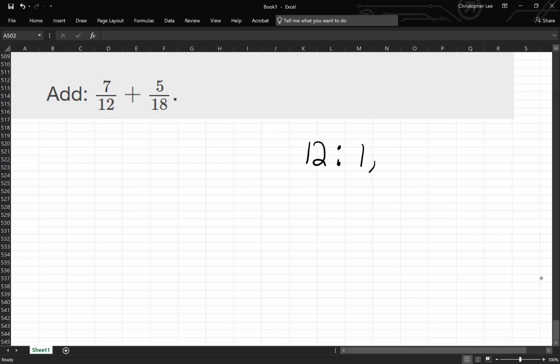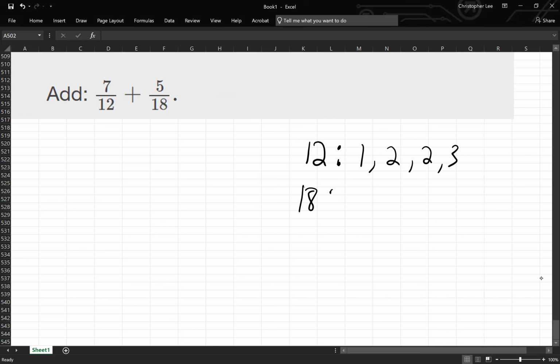What numbers give me 12? 6 times 2, so 6 is 3 times 2, and another 2. That's it, right?